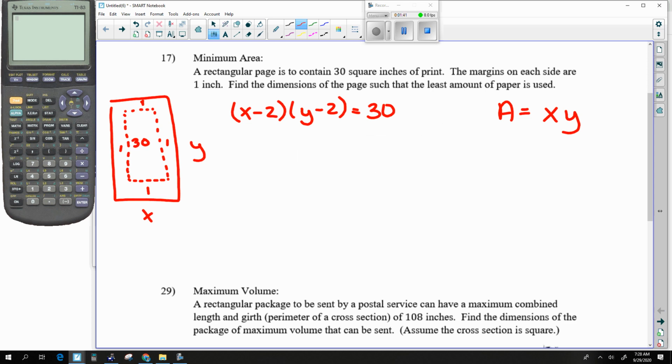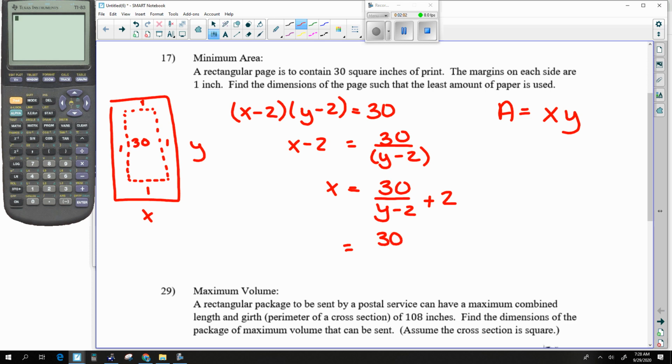I don't subtract that off. That's silly of me. I'm sorry. It's 30 over Y minus 2, because it's a multiplication. And then this would be X is equal to 30 over Y minus 2, plus 2. So that is 30 plus 2Y minus 4 all over Y minus 2.